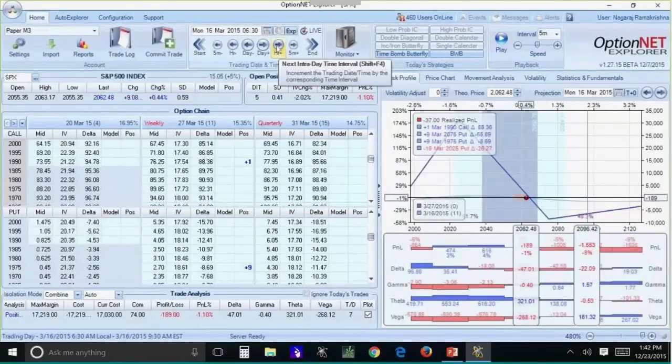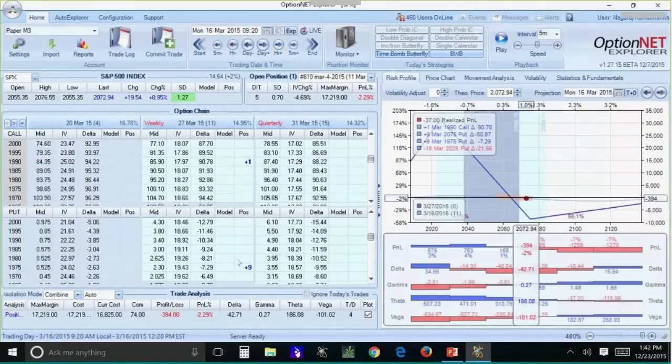The next adjustment was at 9:20. What I did was I removed the 2025 butterflies and initiated 2050 butterflies.